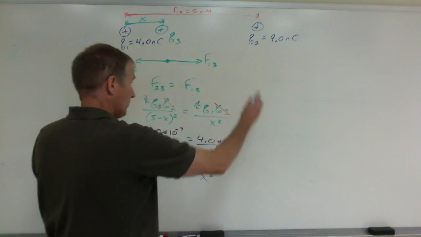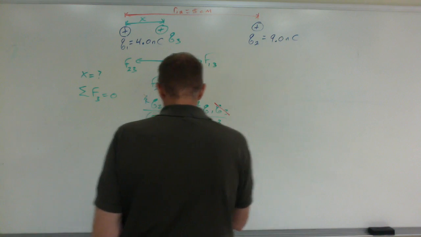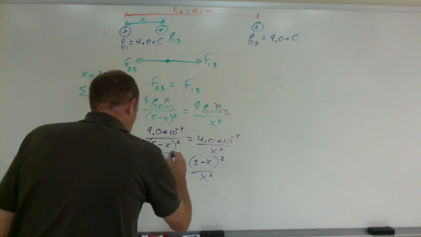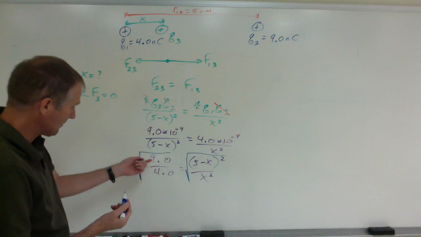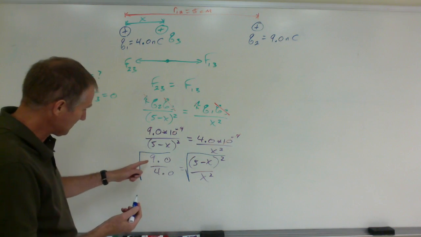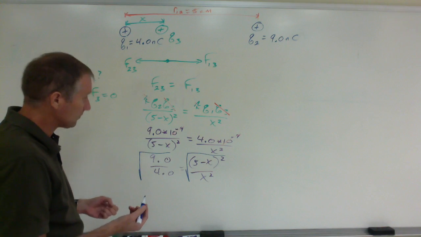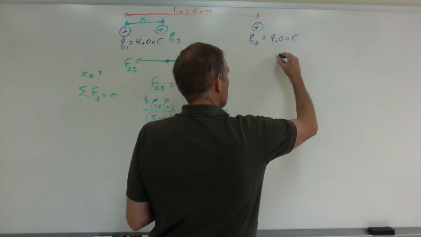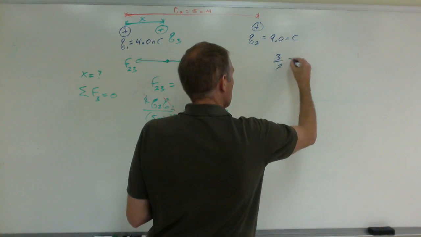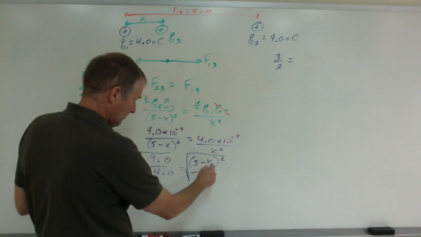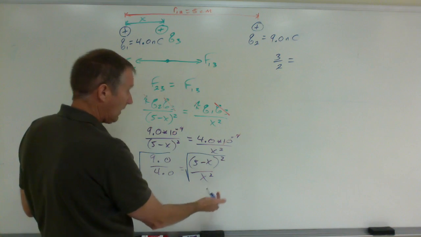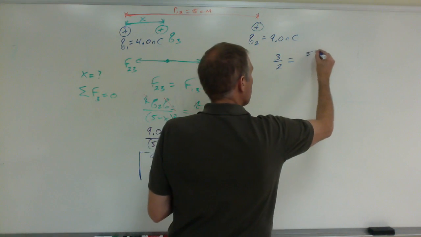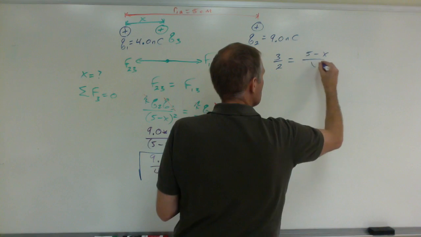I love it. You can see I chose these numbers intentionally. The square root of 9 is 3 and the square root of 4 is 2. So that's 3 over 2 equals, well, that squared is just 5 minus x, and that squared is just x. 5 minus x all over x.